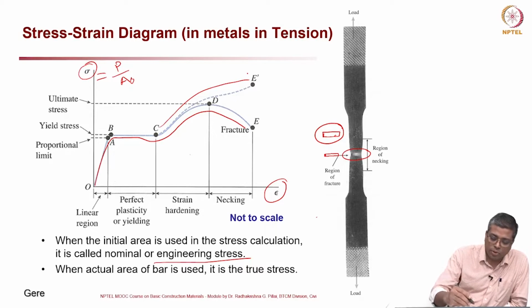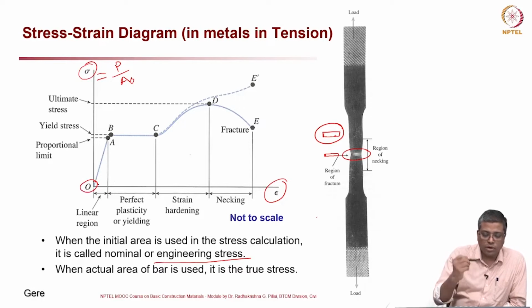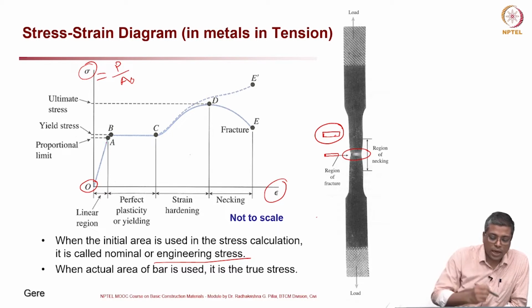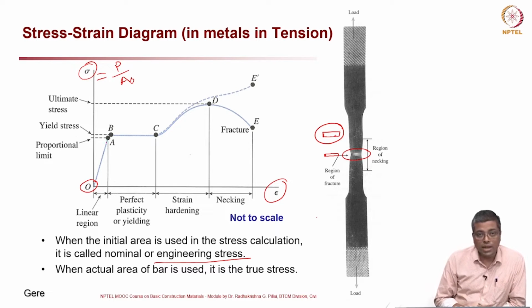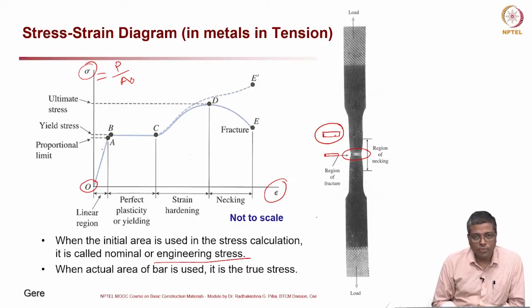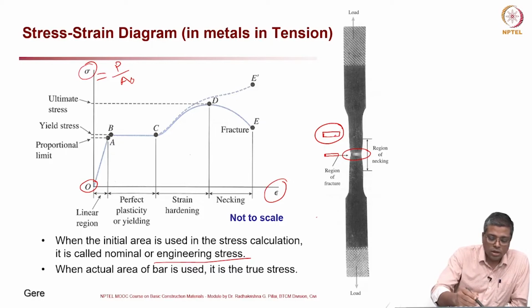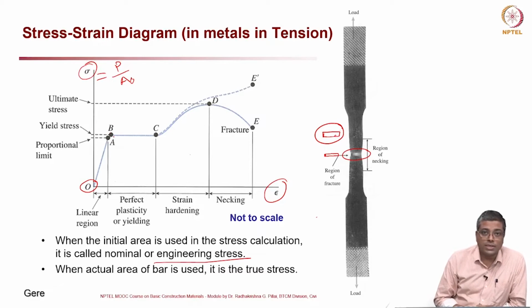Now, let us look at the different points or portions in this stress strain graph. Here is the origin, the point of application at the beginning, and then you have a point A which is called the proportional limit. That means up to point A from O, it is a straight line. It follows Hooke's law. Then at point B is what we call the yield strength.